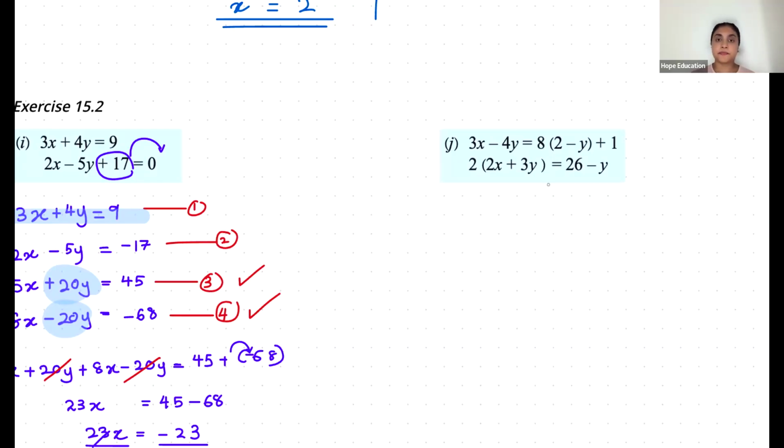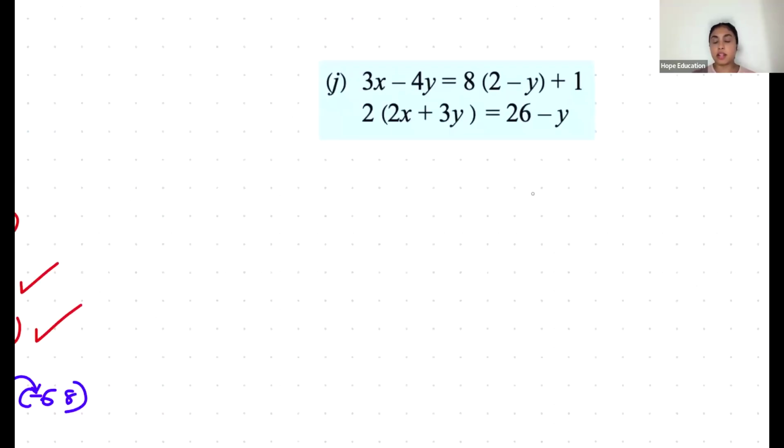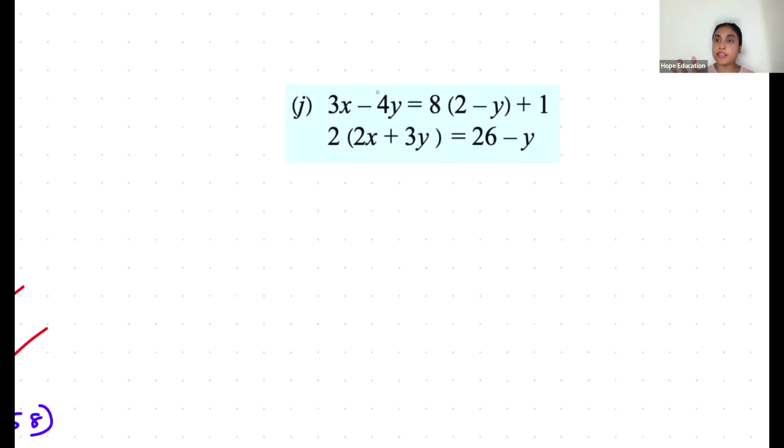Okay, we'll see. Now these equations look a little weird, so I will first prepare the equations nicely, right? If you look at the first equation, that is 3x minus 4y equals 8 times (2 minus y) plus 1. Okay, that looks like a mess.